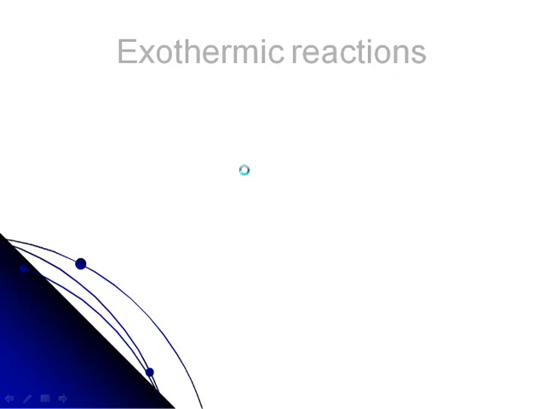Now let's consider for a moment exothermic reactions. If you take a small piece of calcium metal and you place it on a petri dish, this calcium metal is a gray, silvery chunk of stuff.